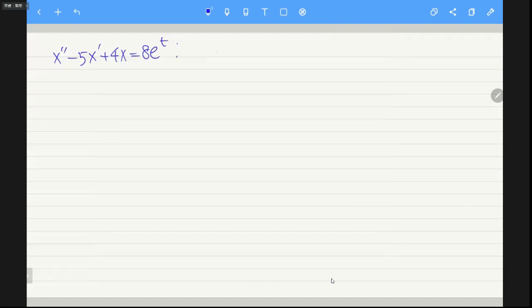So far we know that the complementary solution is a times exponential to t plus b times exponential to 4t. So xp of t originally should be c exponential to t, but it won't work. Maybe I put a c here because we already use a and b. So actually we need to multiply by t, but you may ask why.